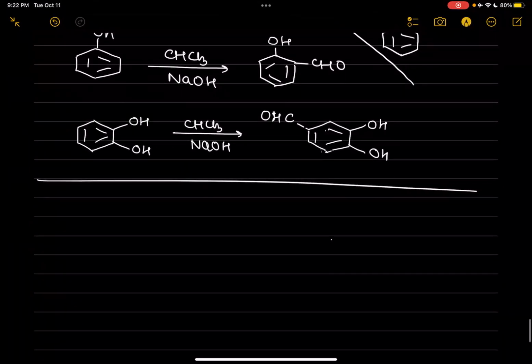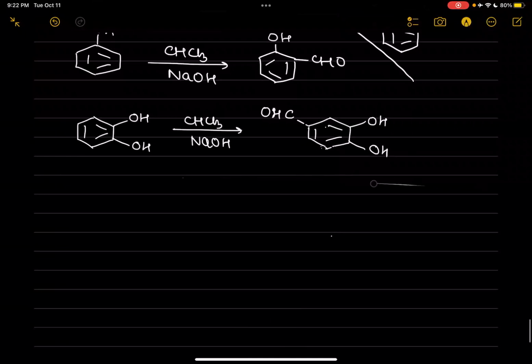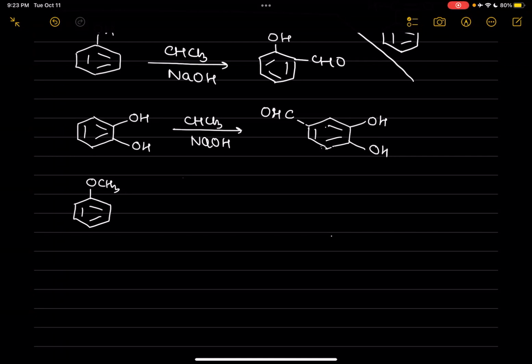The down para. Yeah, any of the para isomers. Or suppose you have this. Sir, but ortho will not come because the CHO group won't come ortho, right? Yeah, ortho will be a minor product actually. Yes, sir.